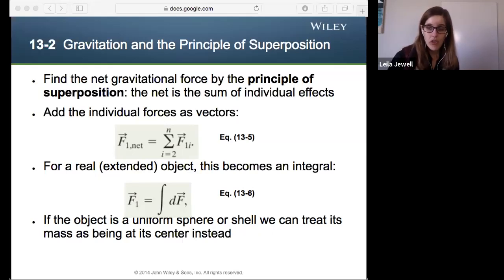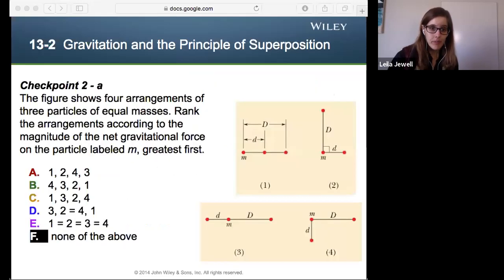So let's try out a checkpoint. The figure shows 4 arrangements of 3 particles of equal masses. Rank the arrangements according to the magnitude of the net gravitational force on particle M, greatest first. I want you to think about this, so please reflect. Go ahead and hit pause now. Okay, did you do that? Hoping so.